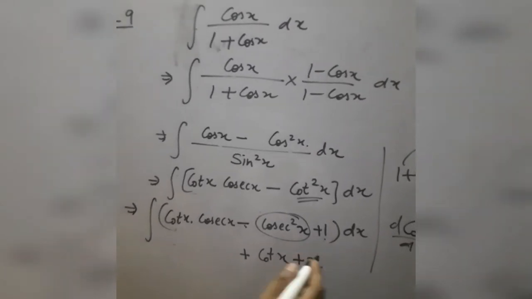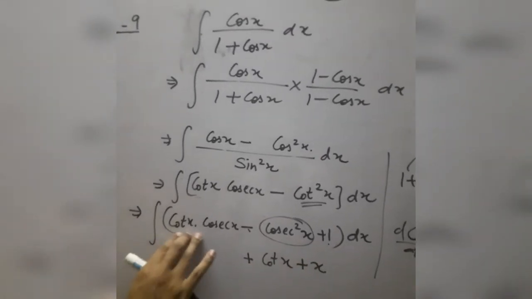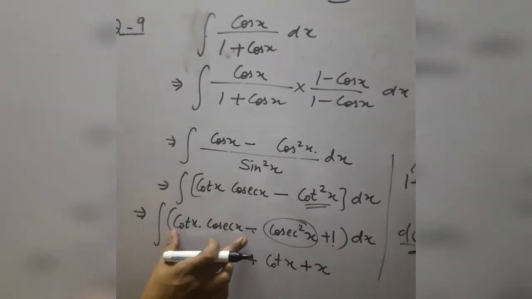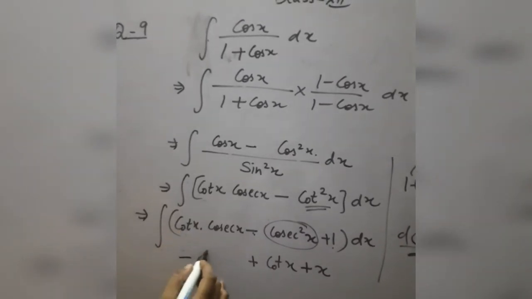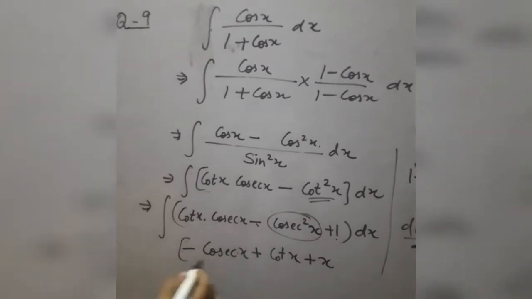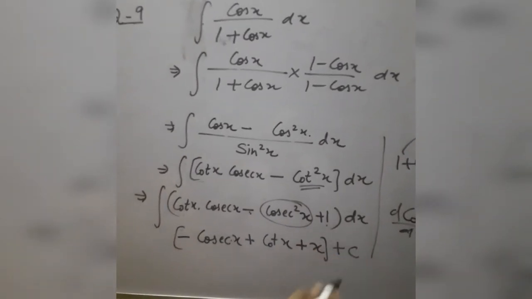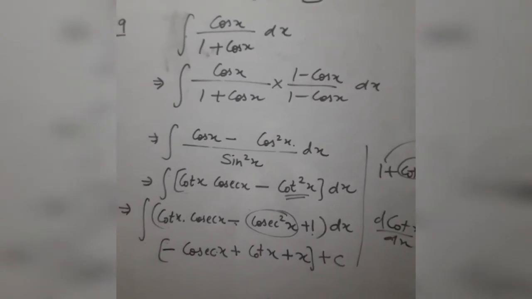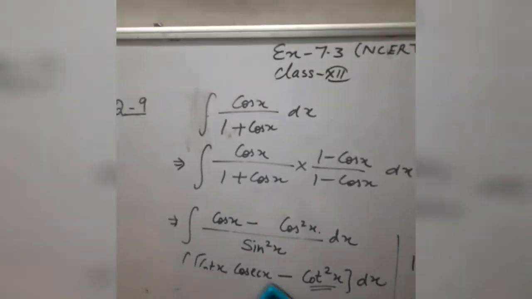The integration of 1 is x. Now the derivative of cosecant x is minus cosecant x into cot x, so the integration of cot into cosecant is minus cosecant x. So this is the integration plus the integration constant c. So this is question number 9.